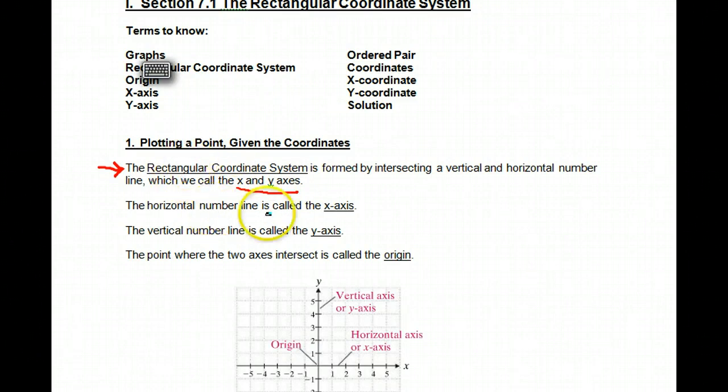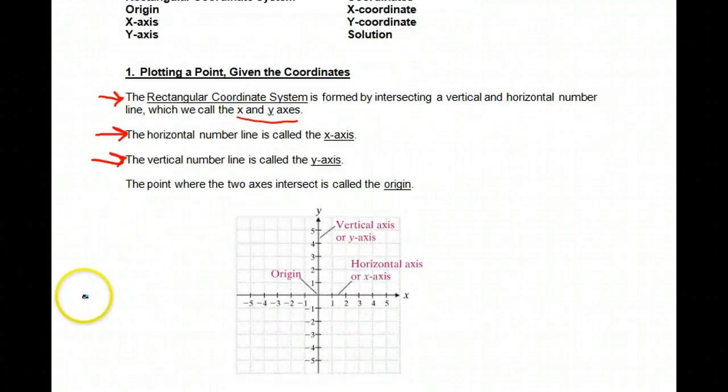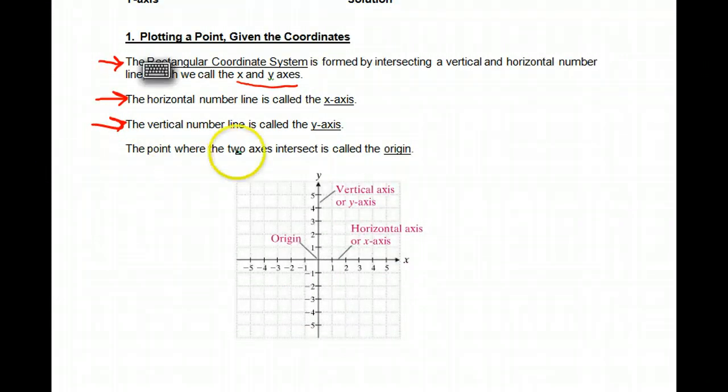The horizontal number line is called the X axis, and the vertical number line is called the Y axis. The point where the two axes intersect is referred to as the origin.